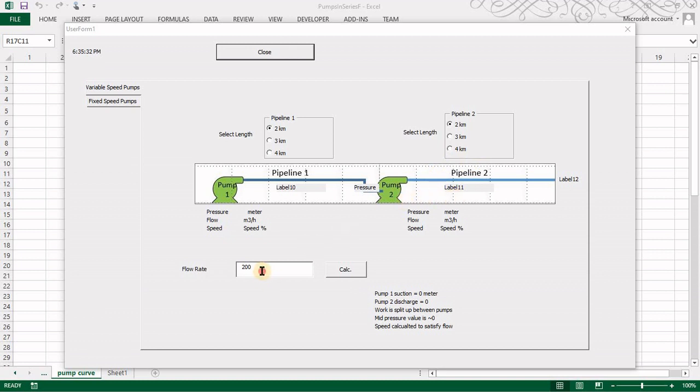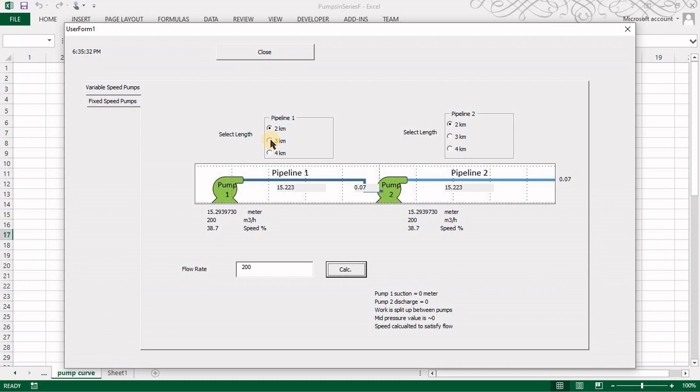Now we have to put in how many cubic meters per hour we would like to go through, and the software will calculate the speed of each pump and the required head for each one. As you can see now, for 200 cubic meters per hour, we need 15 meters head for the first pump and 15 meters head for the second pump, because both of them are 2 kilometers.